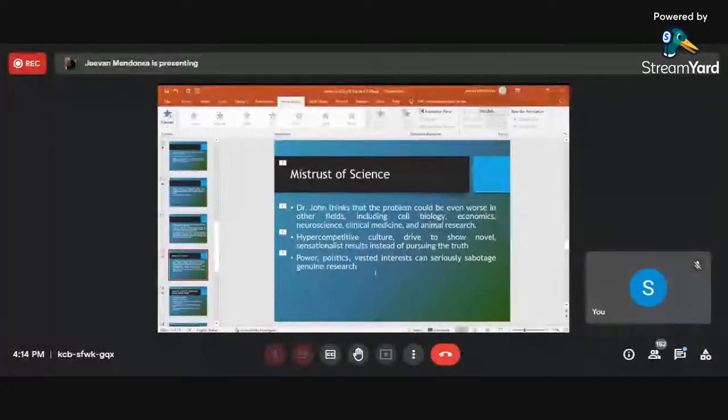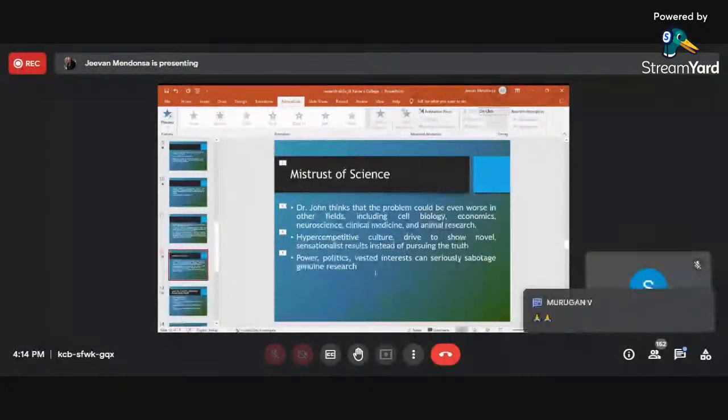Now, what is driving all this? What is driving all this? Why would researchers, whom we would assume to be pursuing the truth, searching for the truth, do this? Of course, there's a very hyper-competitive culture. The competition culture is not just restricted to the corporate world or the world of business.